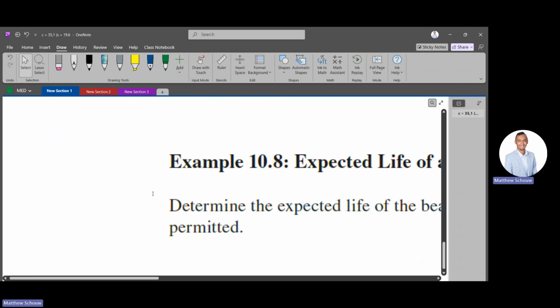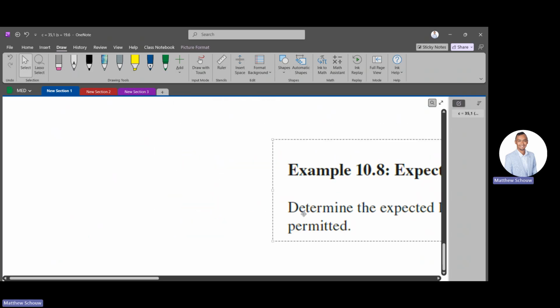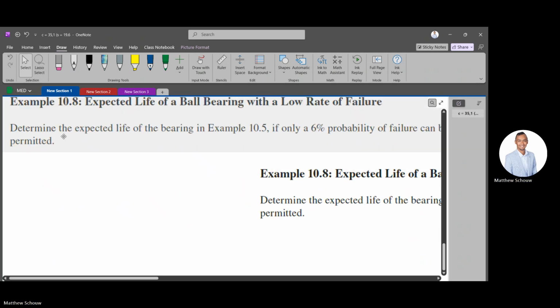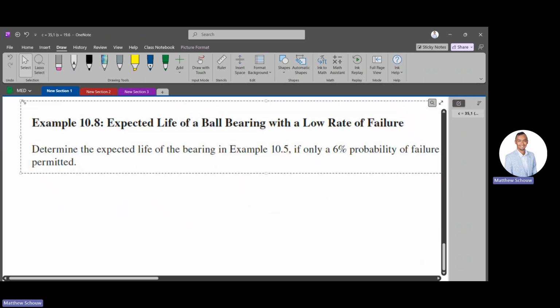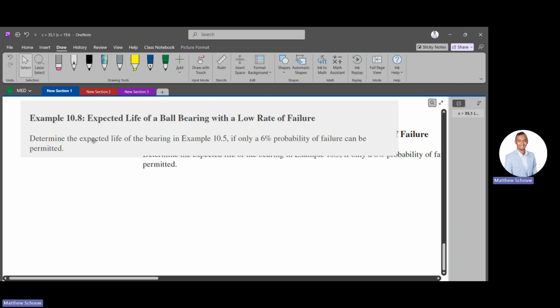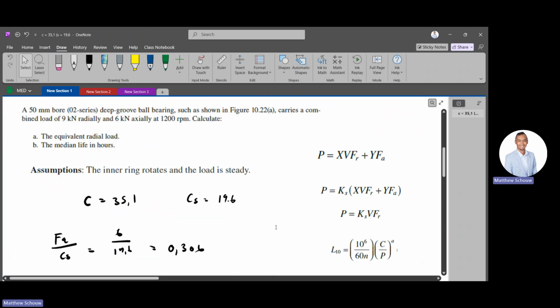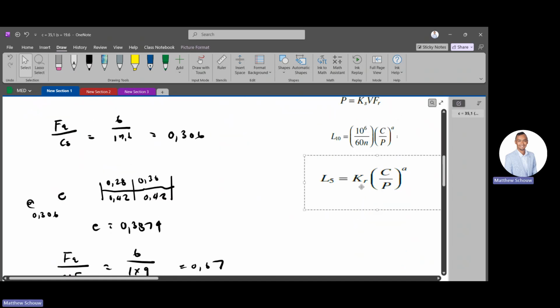But what I want to bring in was this part here, which is talking about the expected life of a bearing if a 6% probability of failure can be permitted. Now that's to do with that other equation I showed you, which I thought was worth mentioning.